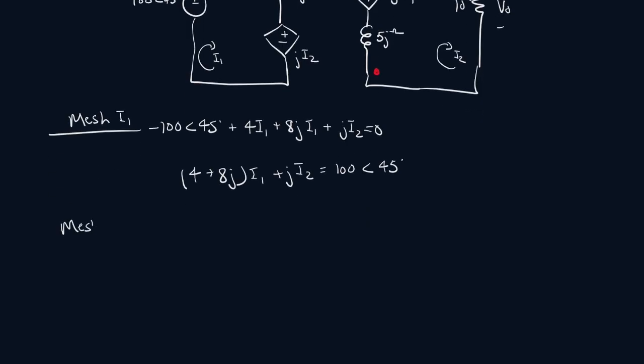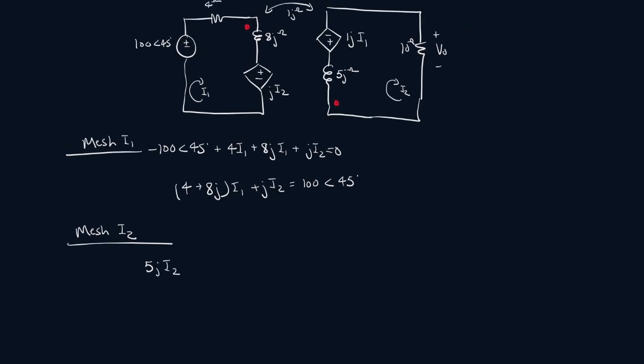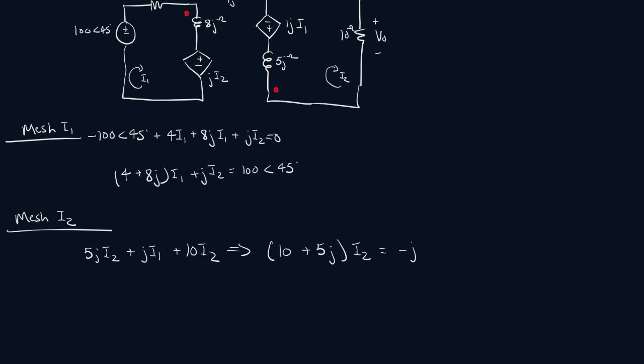Now for mesh I2, it's going to be 5jI2 plus jI1 plus 10I2. And this pretty much just simplifies to 10 plus 5j I2, which is equal to minus jI1.